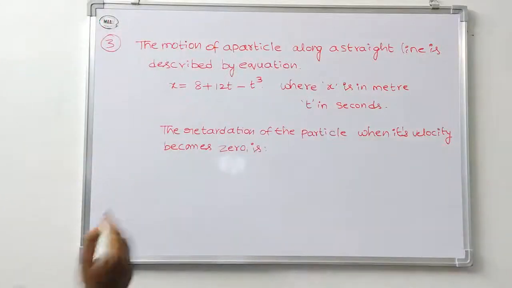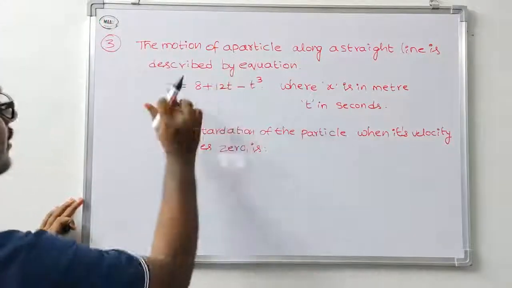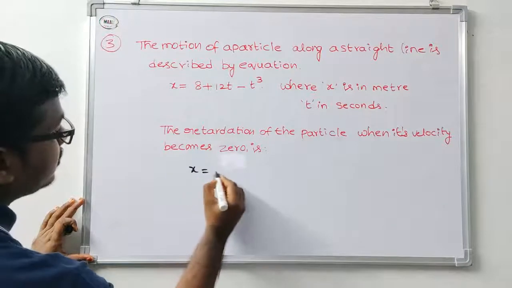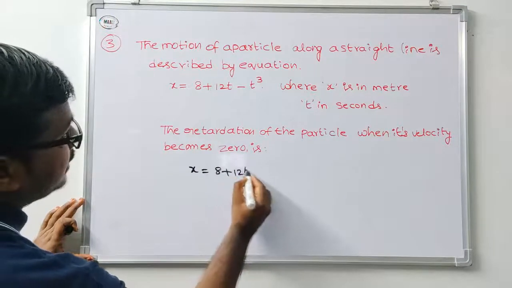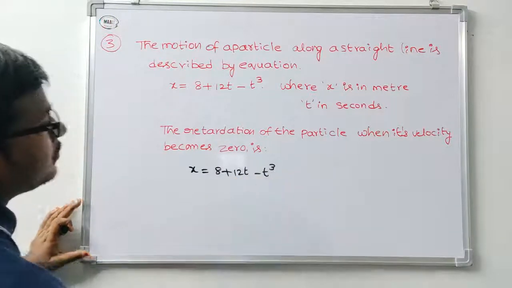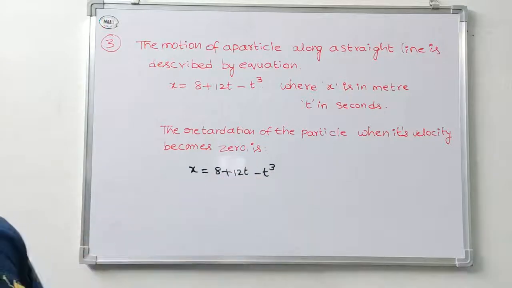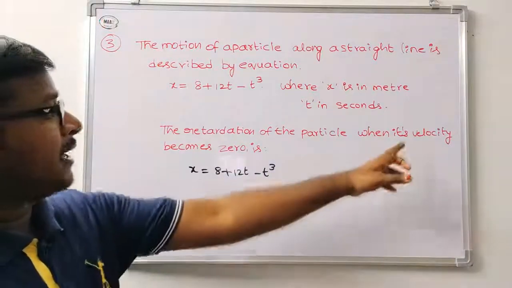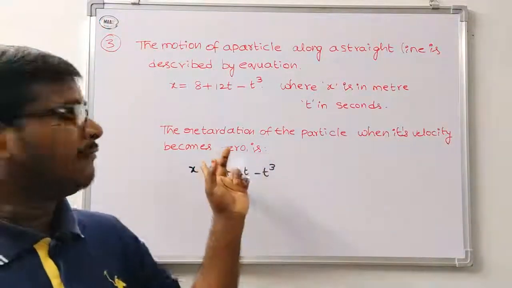Okay, in this problem, first write the equation: x = 8 + 12t − t³. The final velocity of the particle will be 0.